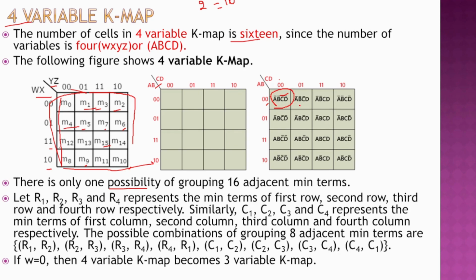The second cell is M1. The first two, A and B values, are 0, so you fill A bar, B bar, and the C value is also 0, so it is represented as C bar, and the D value is 1, so you mention D. The same procedure will be followed up to the last cell.